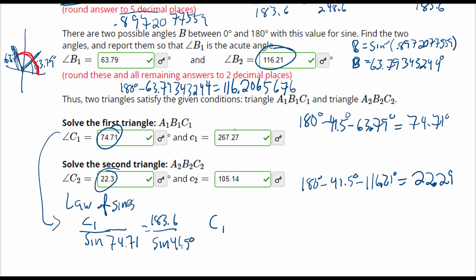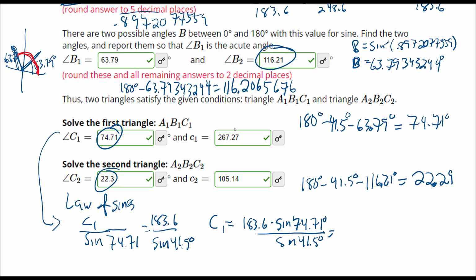So C1 would be 183.6 times sine of 74.71 divided by sine of 41.5.